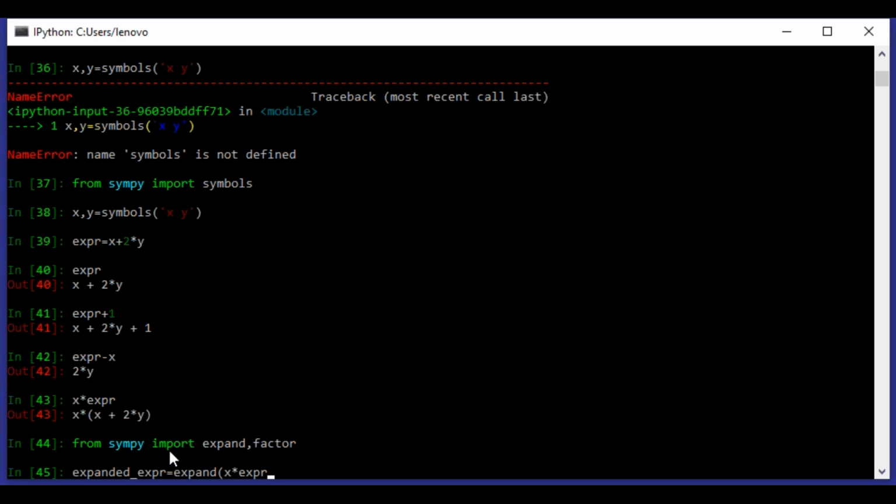We already have expr equal to x plus 2y, and we are multiplying it with x. Then if we use this expand function, which is part of the SymPy package, we can see the output.